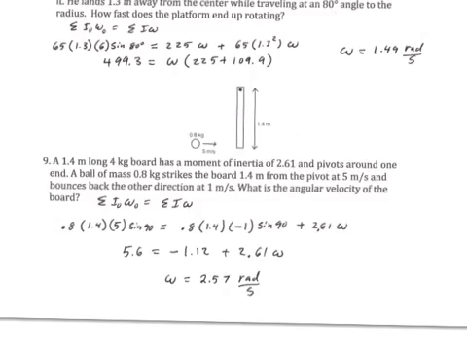So I have 5.6 equals negative 1.12, which is what this all turns into, plus 2.61 omega. So I have to add this to both sides. When I add 5.6 and 1.12 and then divide by 2.61, I find that this object here is rotating this way at 2.57 radians per second.